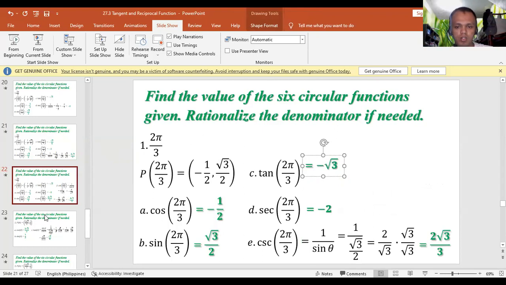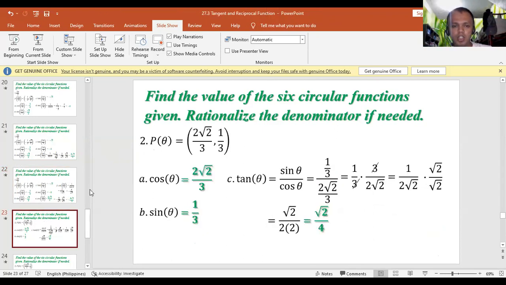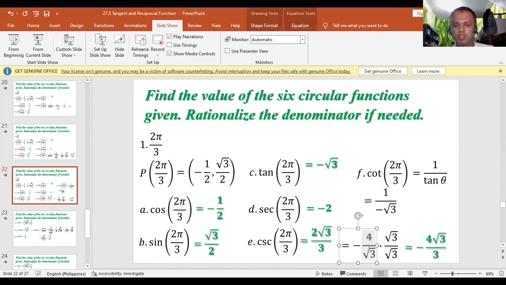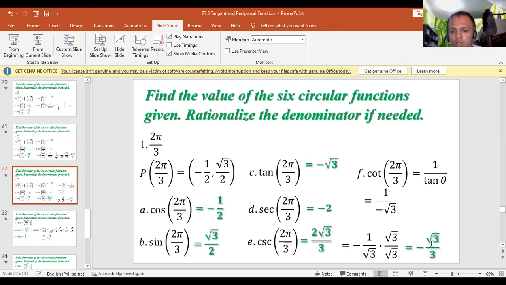May mali kasi. Now, we have 1. So, di na natin kailangan yan. We have 1 times square root of 3. Negative 1 over square root of 3 times square root of 3 over square root of 3. Then we have square root of 3 over square root of 3 times square root of 3 is 3. So negative square root of 3 over 3. Cotangent, sorry. Your cotangent is this one.